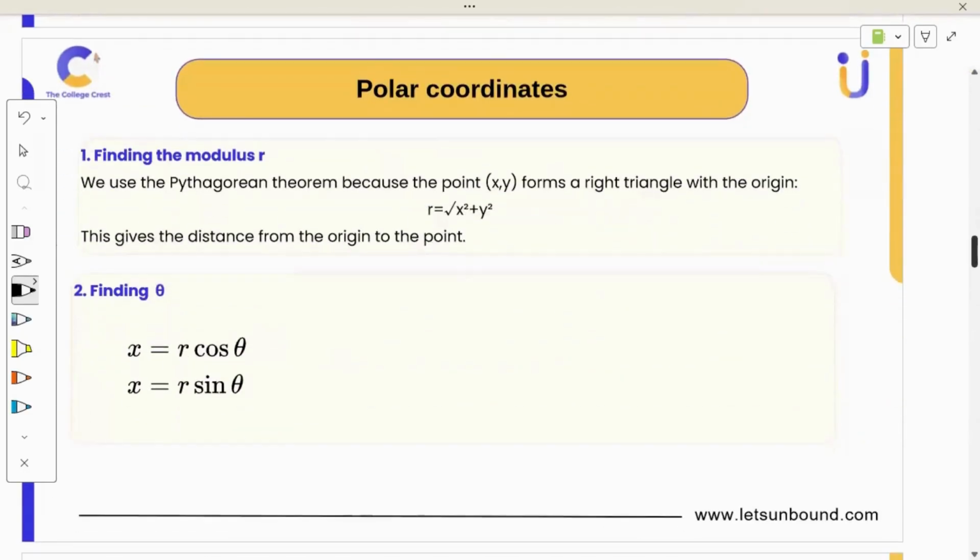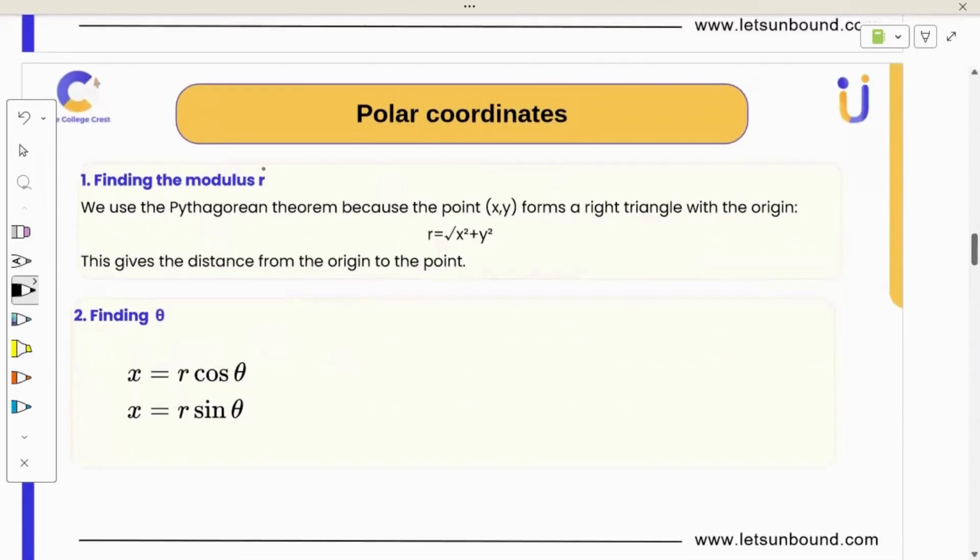Now, finding the modulus r. In polar coordinates I need r. Modulus means distance, and r is the square root of x squared plus y squared. This is the formula. To find theta, I will use x equals r cos theta and y equals r sin theta and manipulate them. I will apply the ASTC rule and the reference angle, all those we learned at the very beginning of this unit.